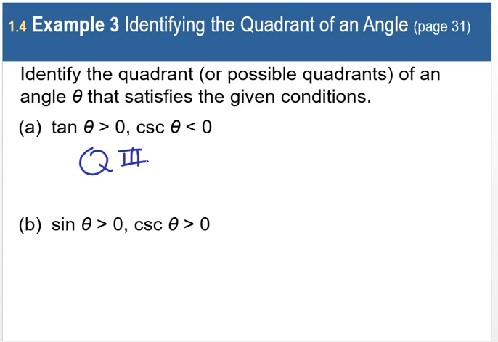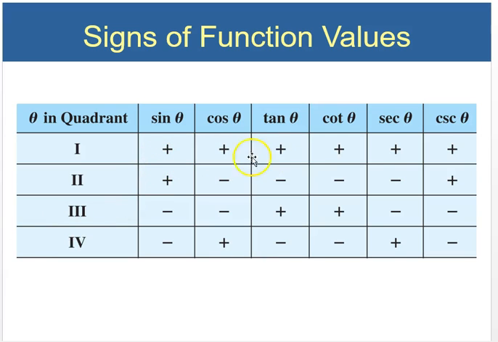We have sine of theta is positive and cosecant of theta is positive. Well, we look back here. All signs are positive in the first quadrant, so this is a possible one.